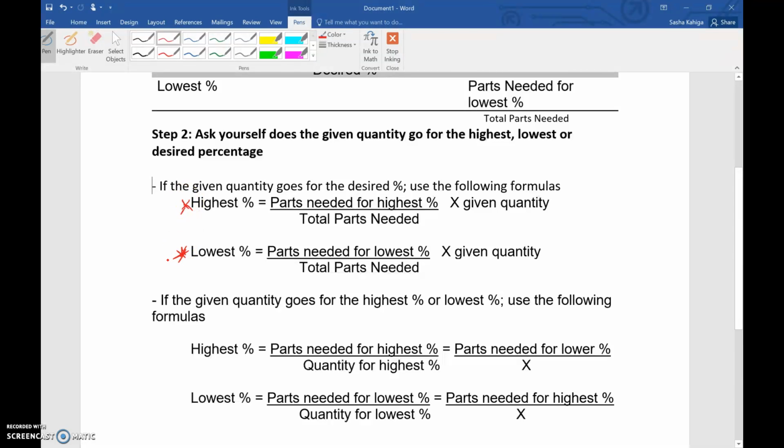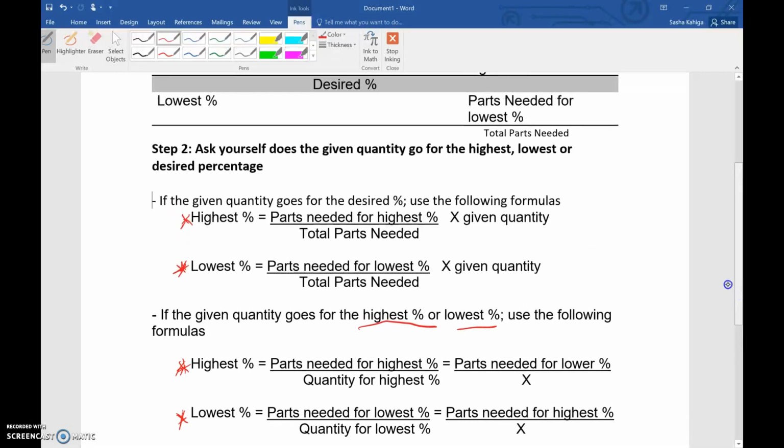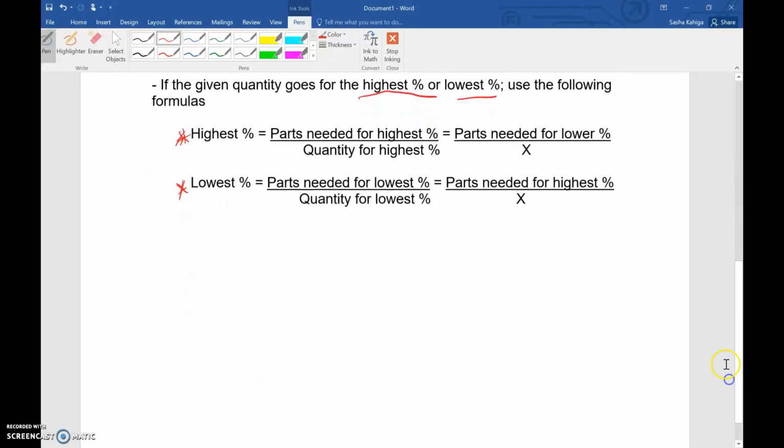If it goes for the highest, you're going to solve it using this formula. Or if it goes for the lowest, you're going to solve it using this formula. So with that being said, let's go ahead and do some practice problems.